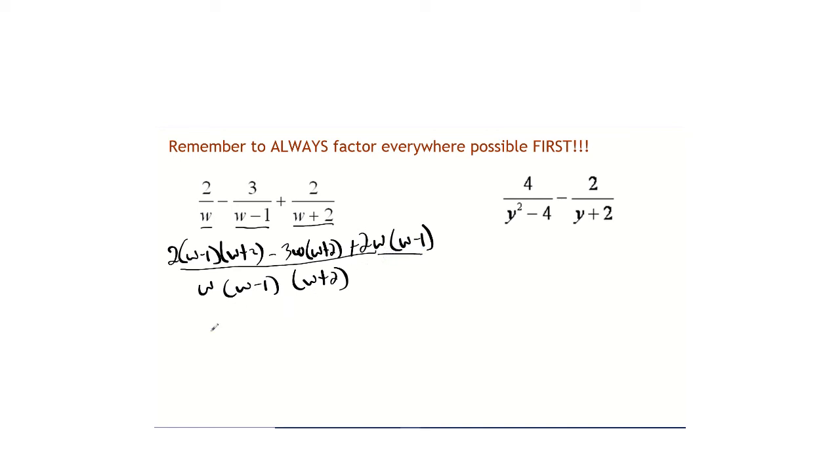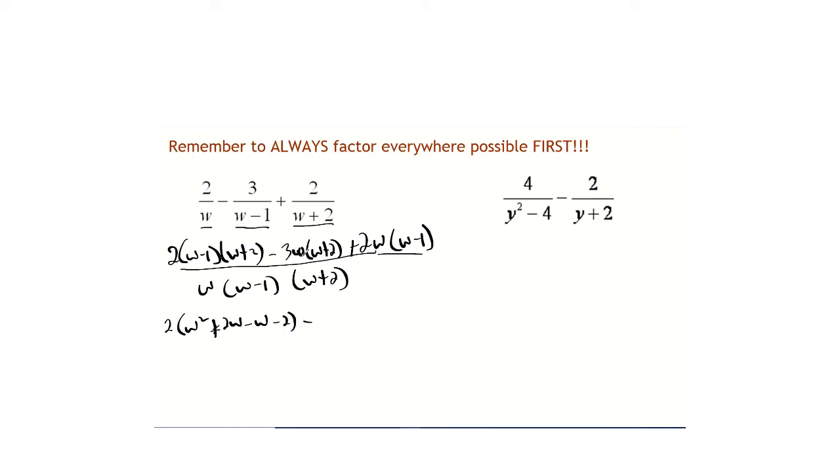All right, so now I've got to do some expanding. I'm going to multiply the two binomials together first, and then I'll multiply my answer by 2. But you could multiply in here by 2, get your answer, and then multiply by that, whatever you prefer. So I'm going to go 2, w times w, w times plus 2, plus 2w, negative 1 times w is negative w, and then negative 1 times 2 is a minus 2.